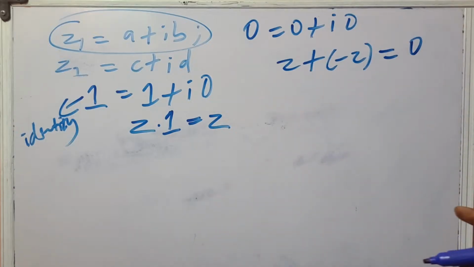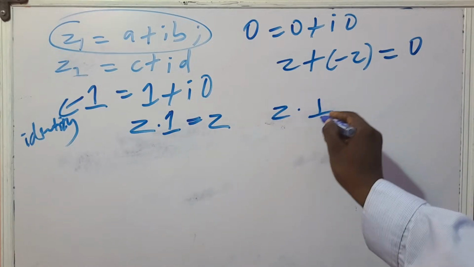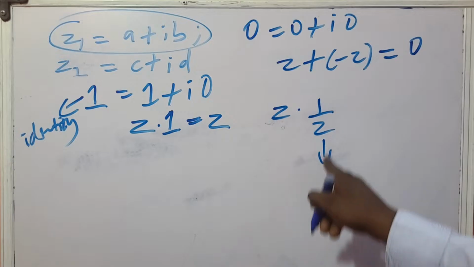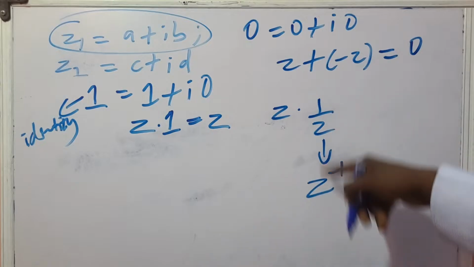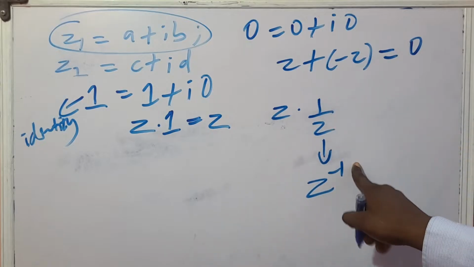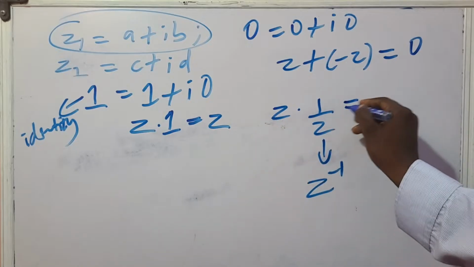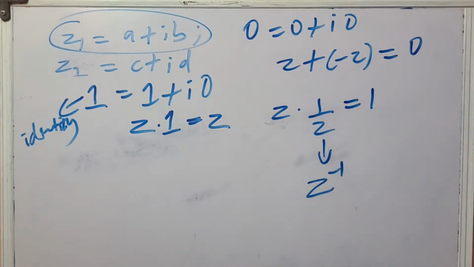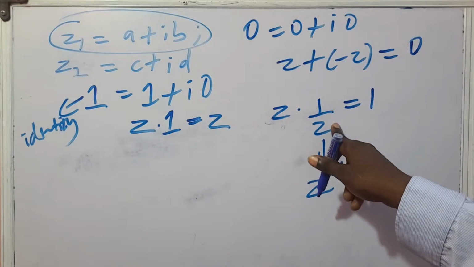But under multiplicative inverse, when we have Z, if you multiply Z with its multiplicative inverse, which is sometimes seen as 1 over Z, sometimes you can write this one as Z raised to power minus 1, anyhow you see these two things, either 1 over Z or Z raised to power minus 1, once you multiply Z with the multiplicative inverse, you should always get the value of 1. That's one of the properties under multiplication of complex numbers.